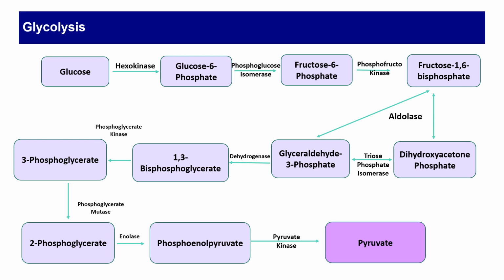The subsequent step involves a dehydration reaction converting 2-phosphoglycerate into phosphoenolpyruvate by the enzyme enolase, which requires either magnesium or manganese for its activity. Phosphoenolpyruvate is converted into pyruvate by pyruvate kinase, during which phosphate is transferred to ADP to form ATP, which is a substrate level phosphorylation.